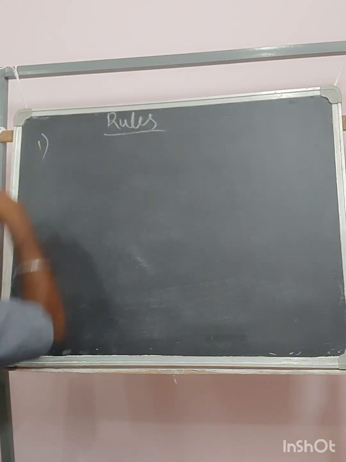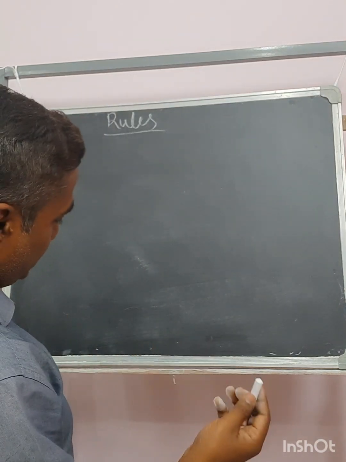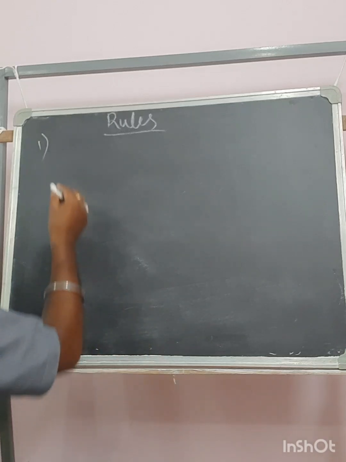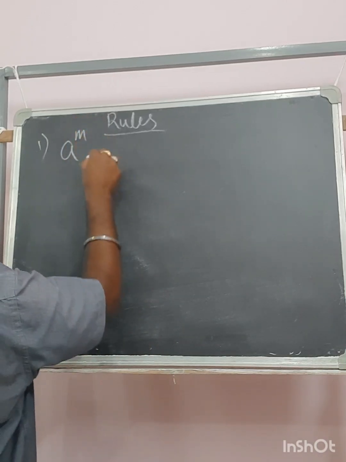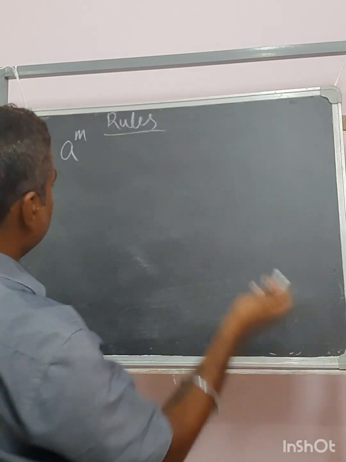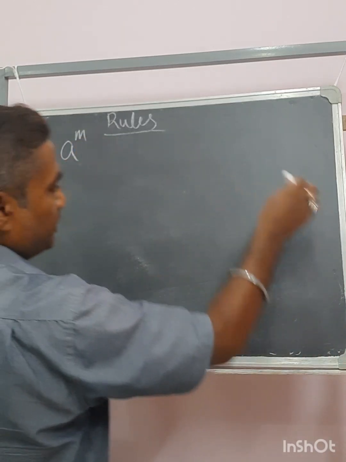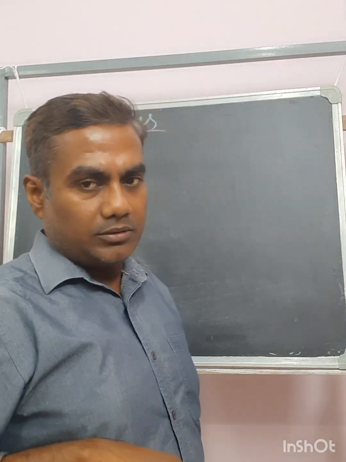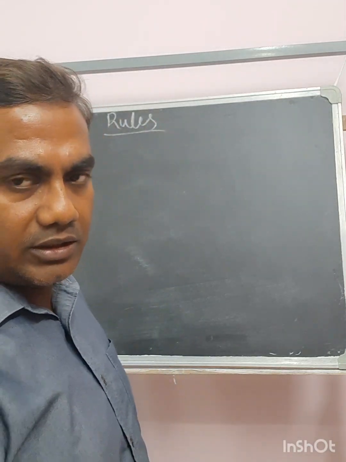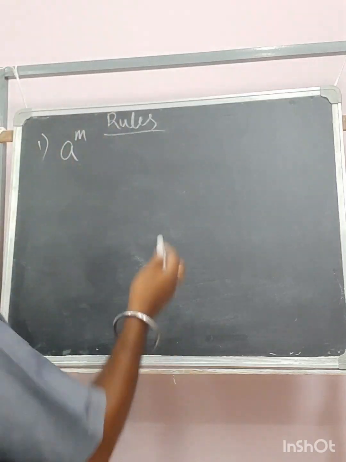These are mostly very easy and known rules. Again I am repeating. Let's say a to the power m. This also applies for surds, but these are basically the basic rules for any numerical problem on powers having different kinds of raised powers.